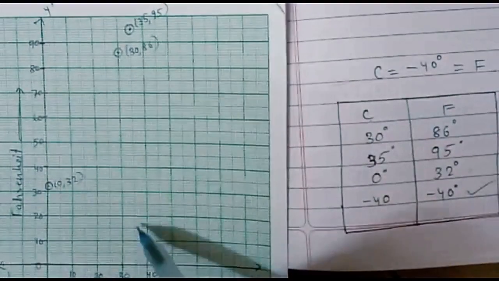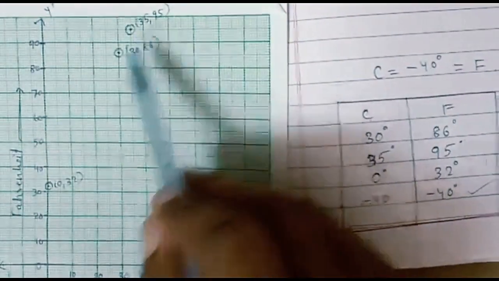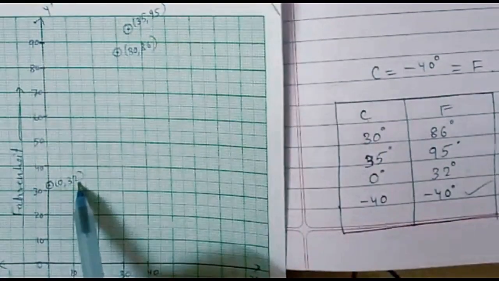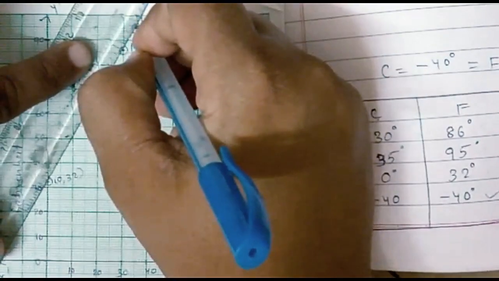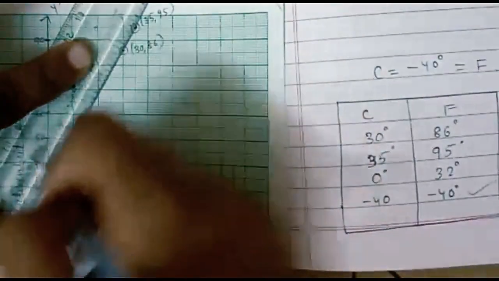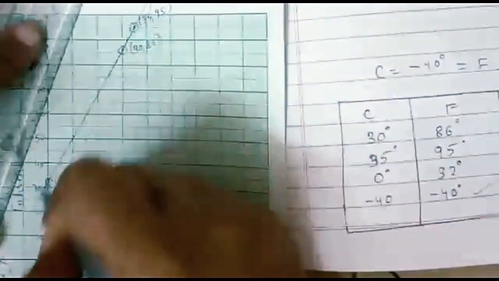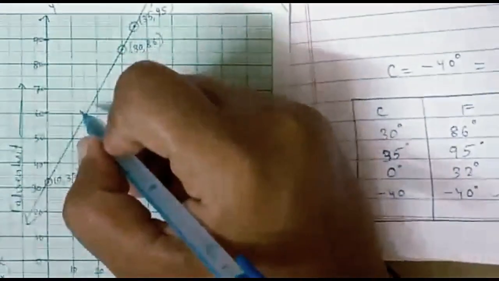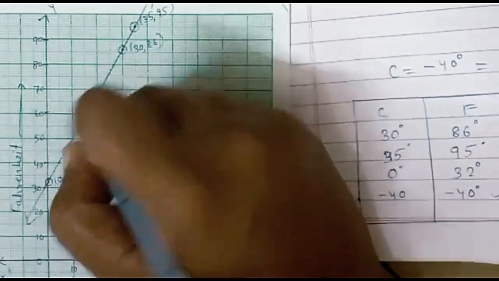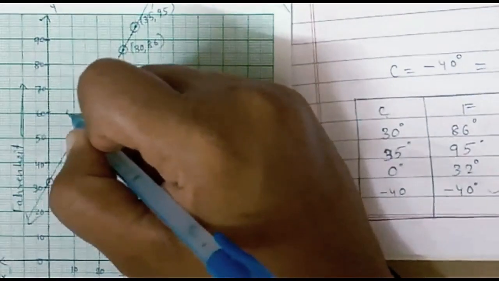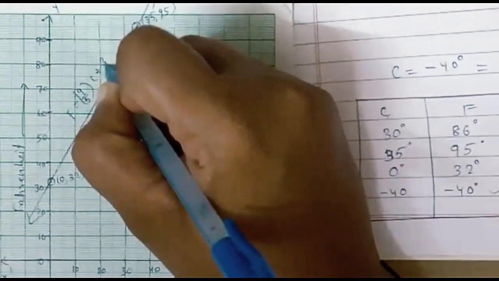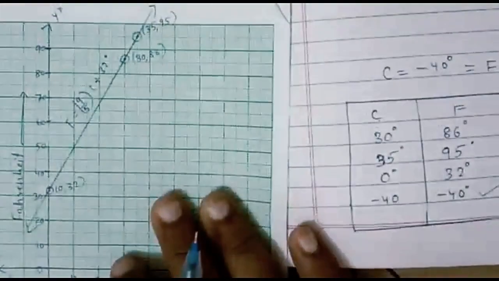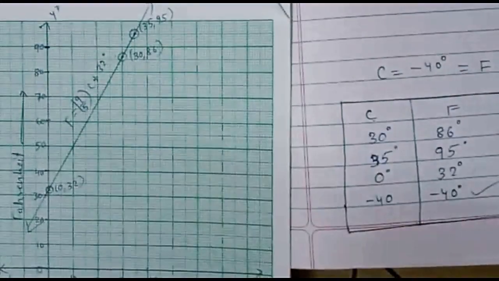In the same way the second point is 35 and 95 and the third point is 0 and 32. So we got 3 points and you can draw a line passing through all these 3 points. So this is your straight line of the equation F is equal to 9 upon 5 C plus 32 degree. In this way, you can draw the graph of this question.